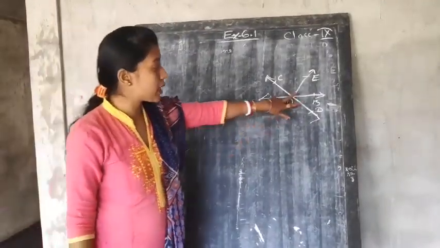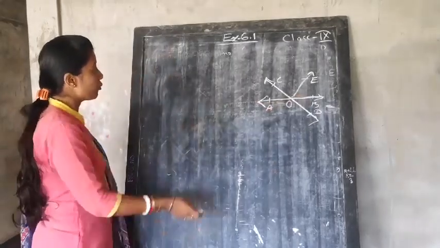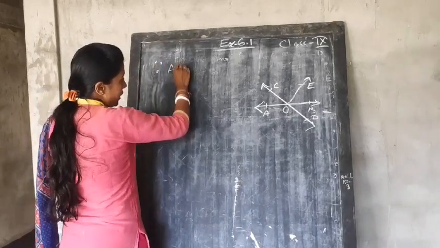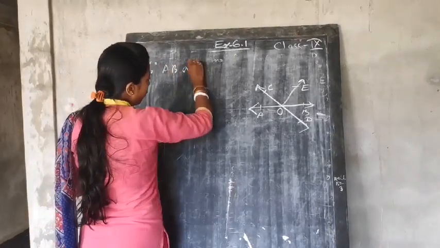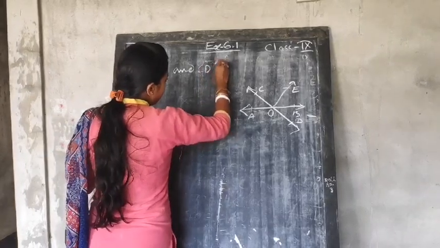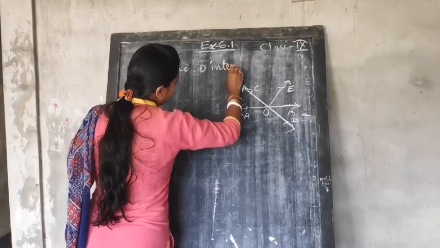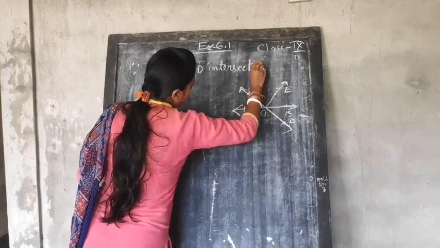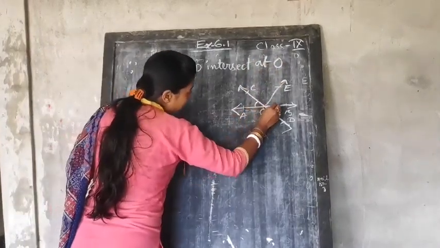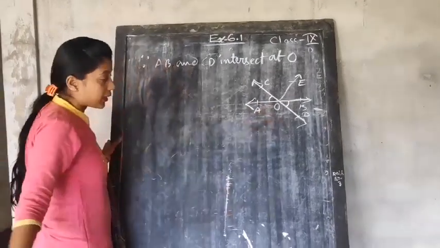Now we will find out angle BOE. How will you do? You will start like this. Since AB and CD intersect at O, then we can get angle AOC and angle BOD as vertically opposite angles.